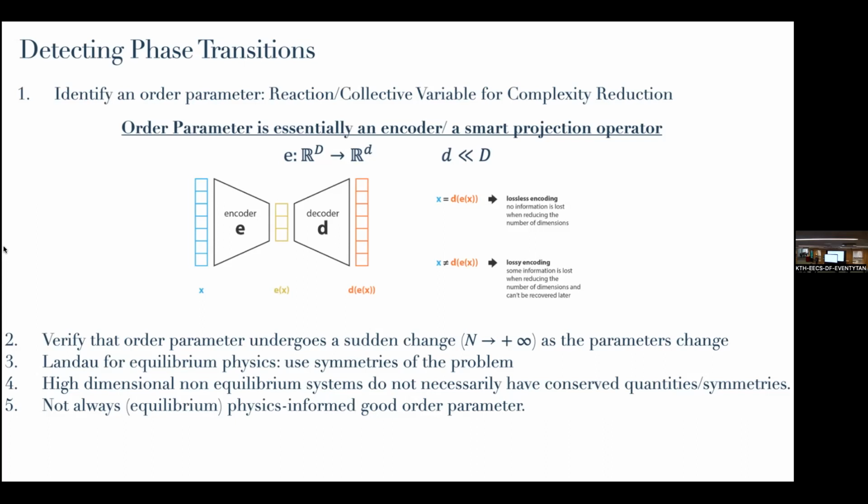In equilibrium physics, you might use symmetries of the problem. But in general, if you have high-dimensional non-equilibrium systems, you don't have these symmetries. Also, in systems that don't really have physics-informed dynamics, how do you come up with order parameters? And this is kind of a problem.